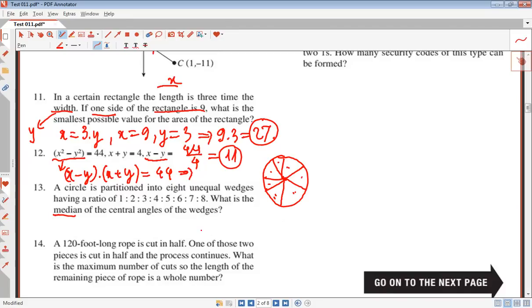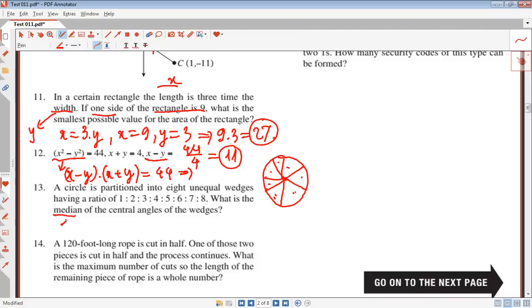Oh, this question is rather difficult. Maybe we need to write an equation to express the ratio.